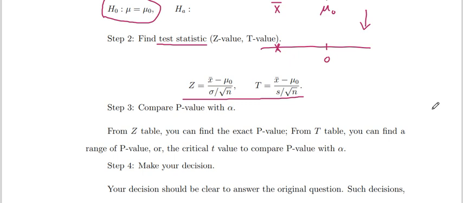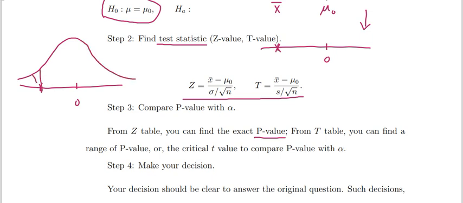One way is to find the p-value. Let's say this z value is here, and 0 is here. So we have a cutoff point. Then this is the z table, right? The p-value is this probability.